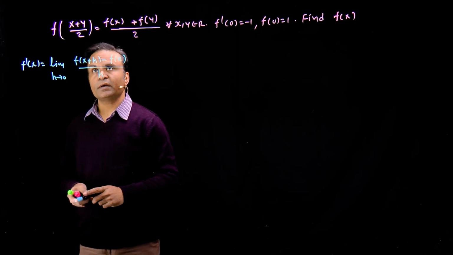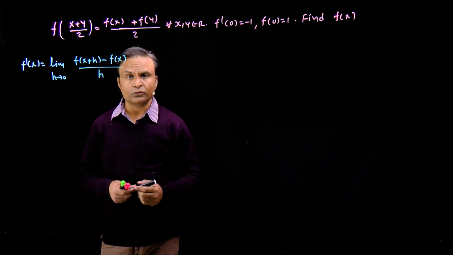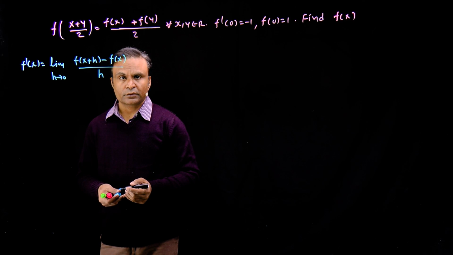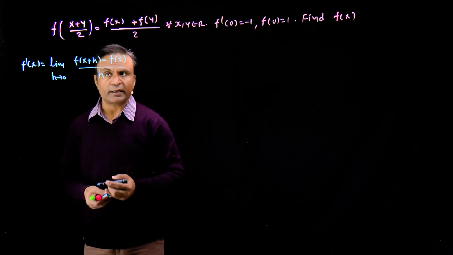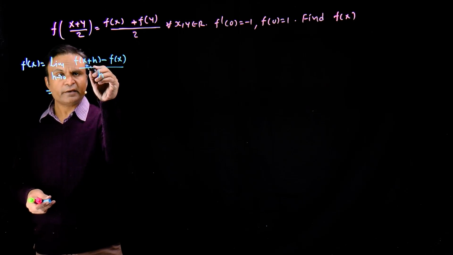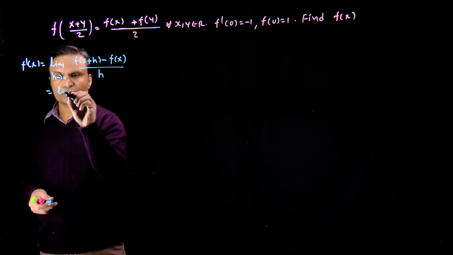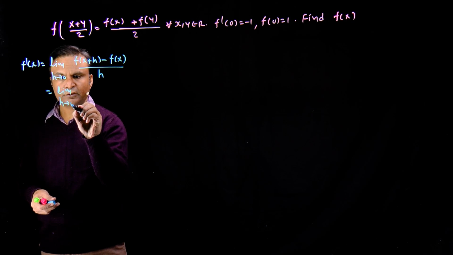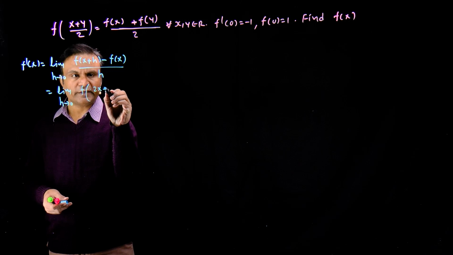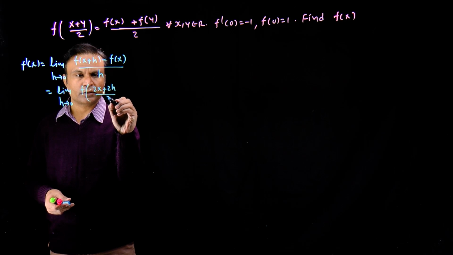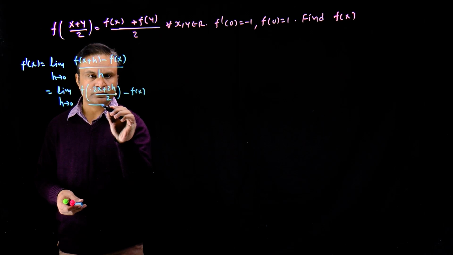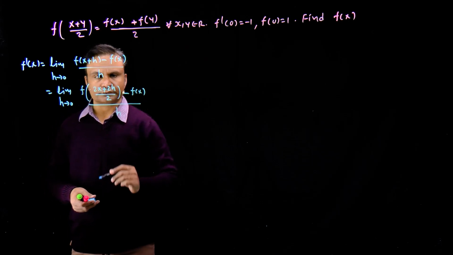I have here (x + y)/2, and here I have x + h. So what modification must I do here? Okay, here I will multiply and divide by 2. So I have limit h tends to 0 of f((2x + 2h)/2) − f(x), upon h.